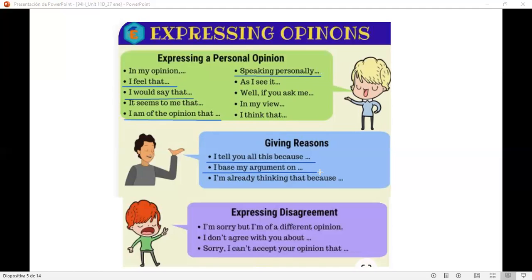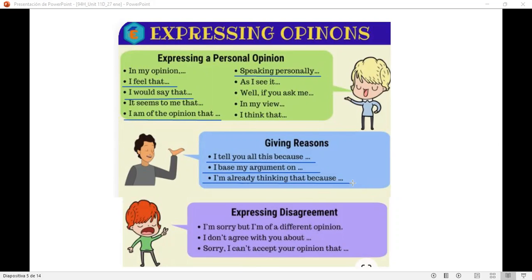And I'm already thinking that because, yo ya creo eso porque. Estamos expresando el porqué de algo. Okay, and sometimes you don't agree with some other people's opinions, right?